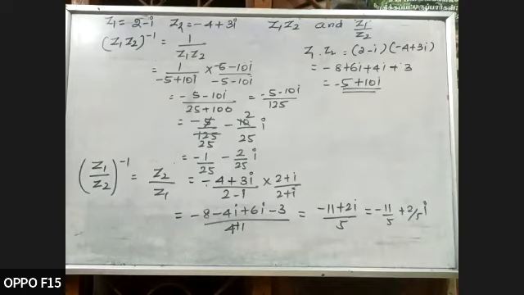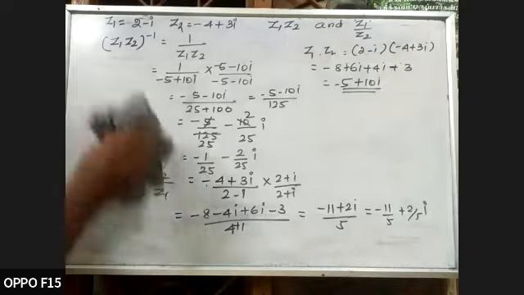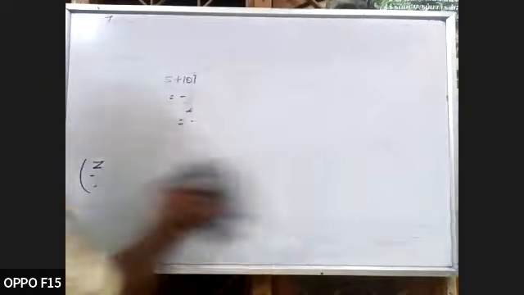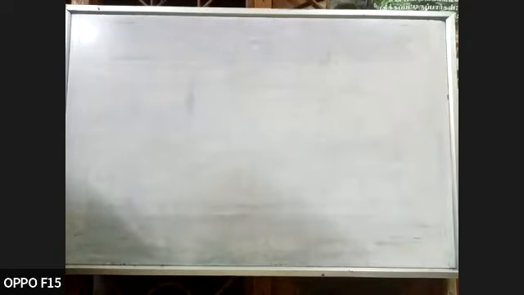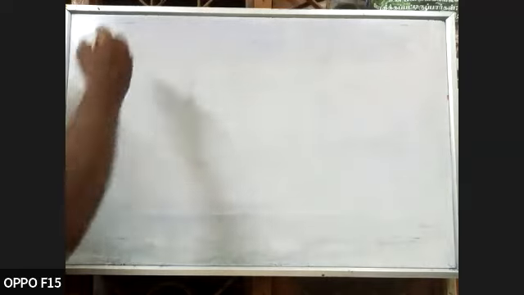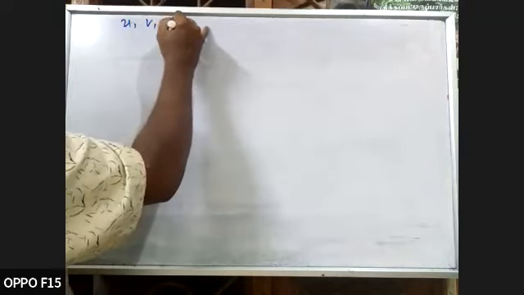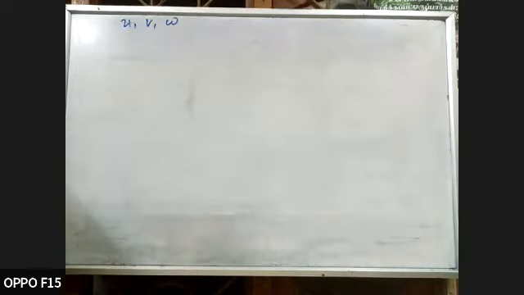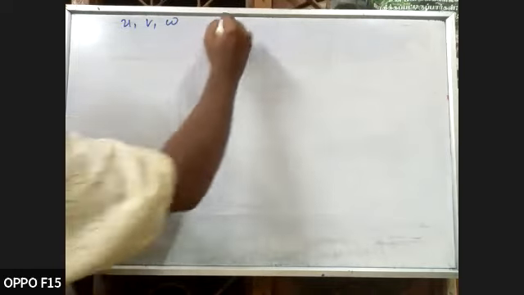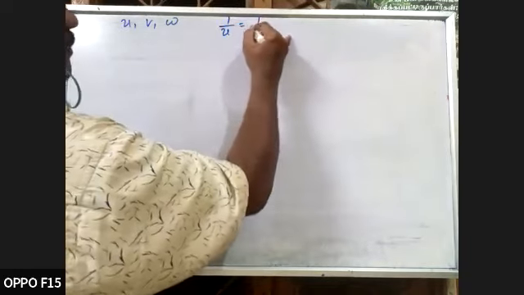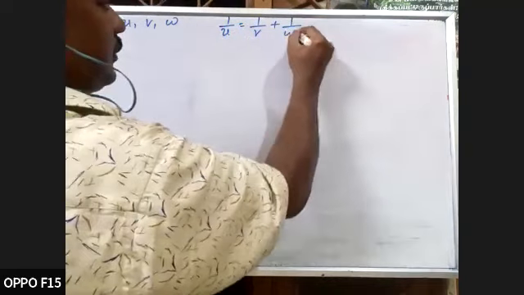The next problem. The complex numbers u, v, w are related by 1 by u equals 1 by v plus 1 by w.